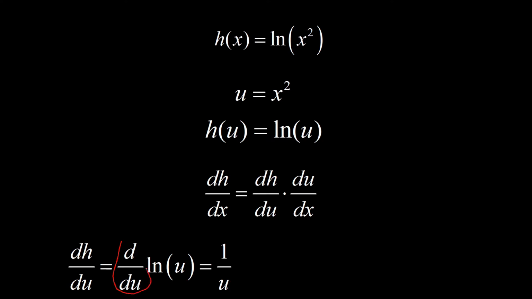So notice the derivative operator now has a u in it, because that's what the chain rule has. And there's no longer a mismatch in letters. And now we can use the derivative pattern. And we know the derivative of log is 1 over u. And that is dh du. That's what we put right here.